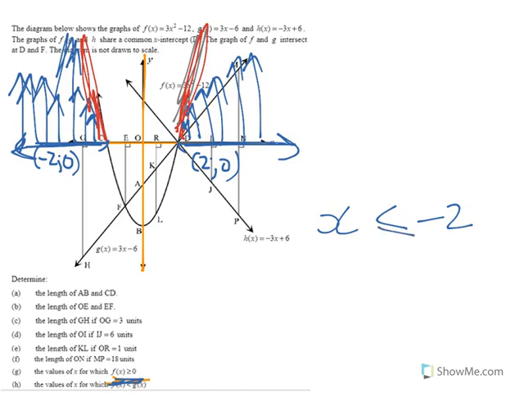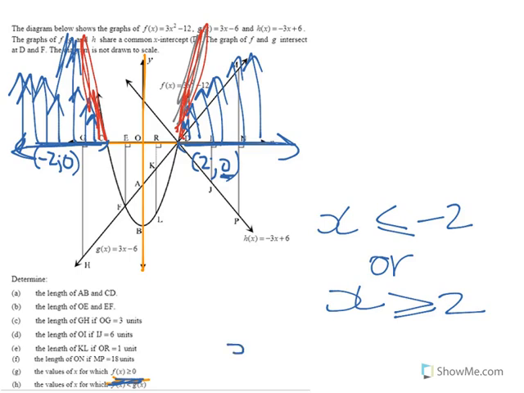So we can include -2. And then the other possibility is that we're looking at input values that are bigger than 2. And again, let's pause to think about whether we include 2. When my input is 2, the output of my function is 0. So we can include 2 as well over there, right?